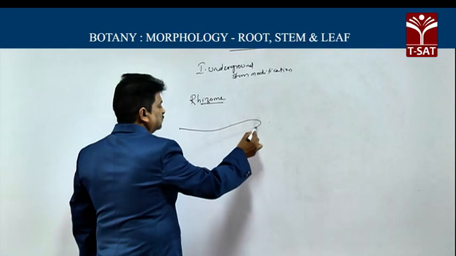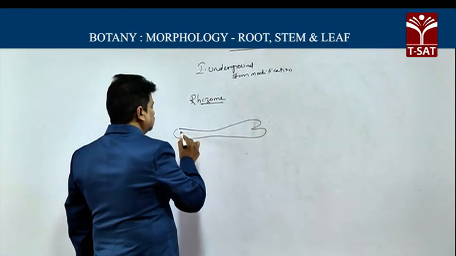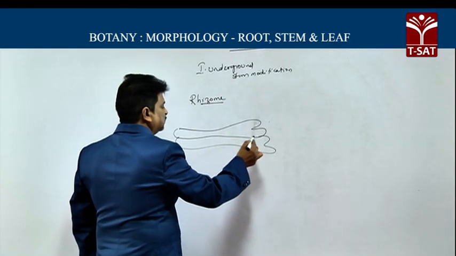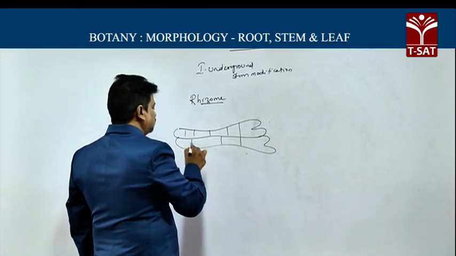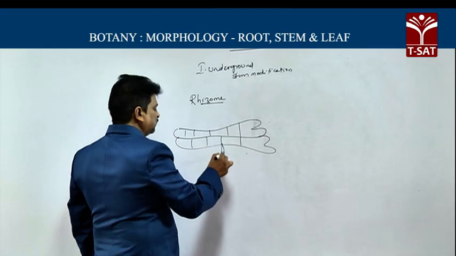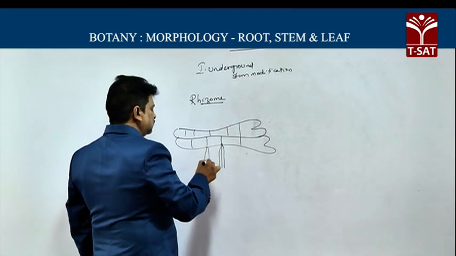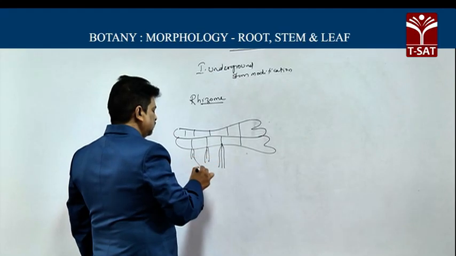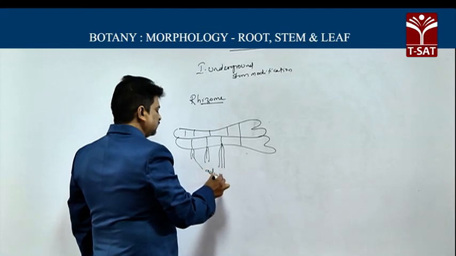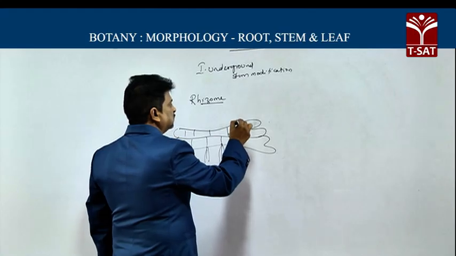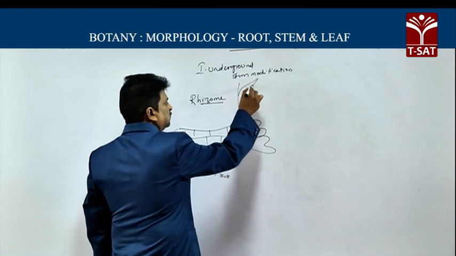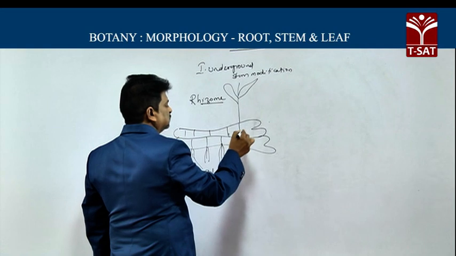Rhizome means it grows horizontally below the ground. From the lower side, it develops adventitious roots. Upper side, it develops aerial shoot.